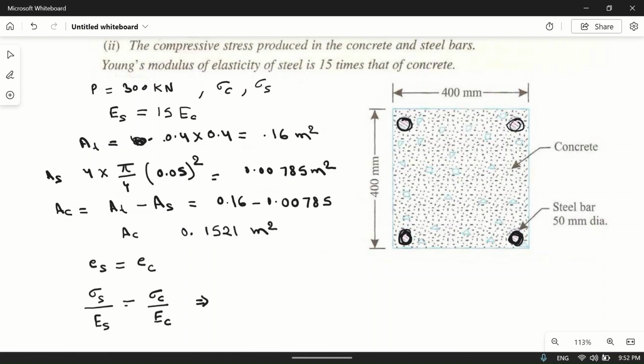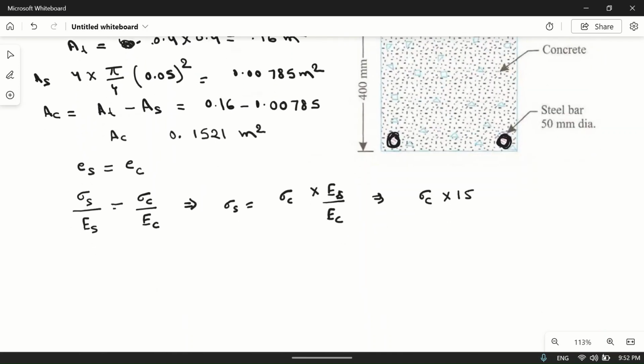From here we can write sigma S is equal to sigma C into ES upon EC. Now we know that ES upon EC is 15, since Young's modulus of steel is 15 times that of concrete. So the stress carried by steel is equal to 15 times the stress carried by concrete. This is our one relation.